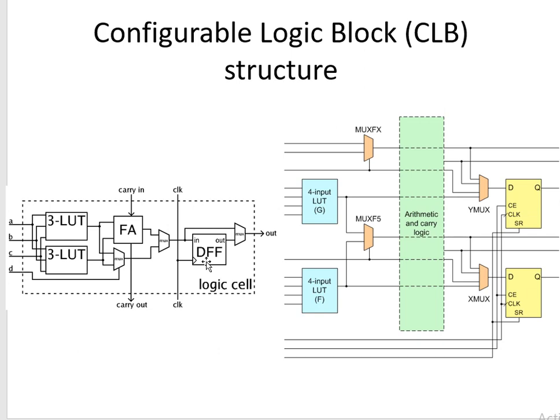If we have 3 inputs, it means that we have 8 cells in this memory, and each cell is 1 bit.